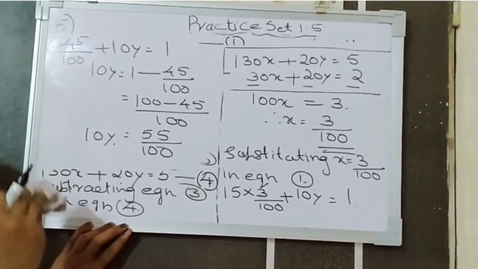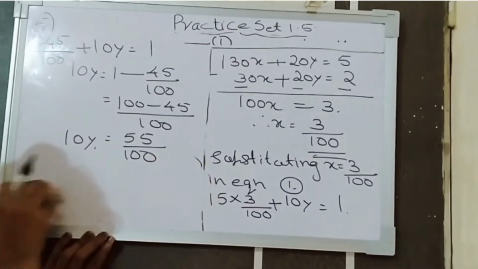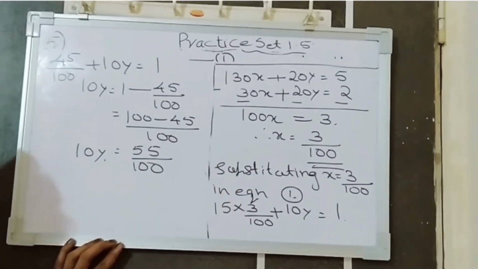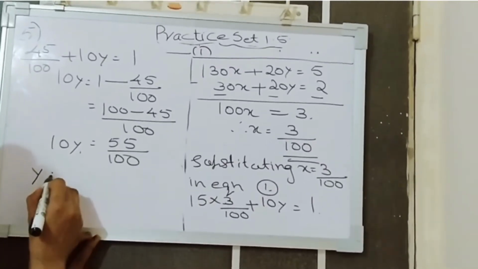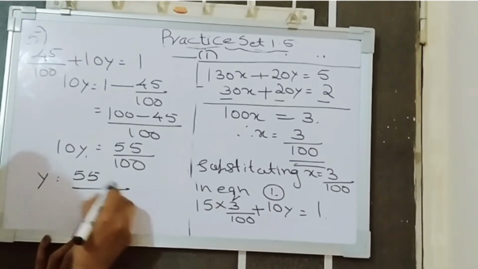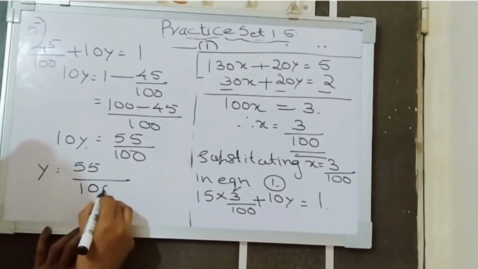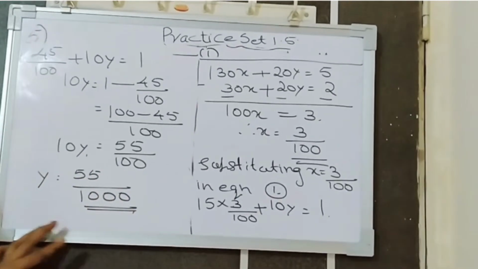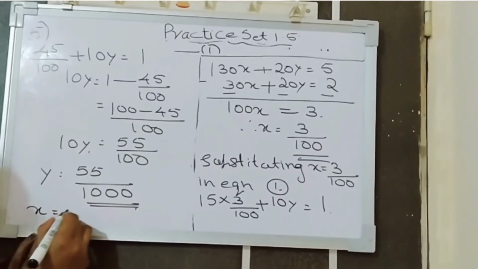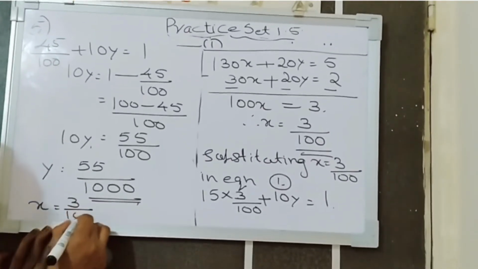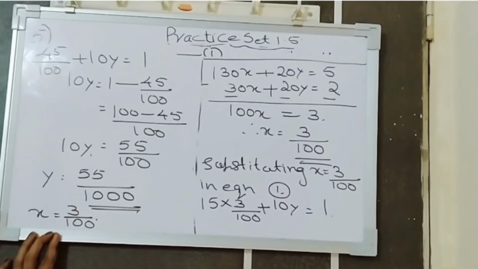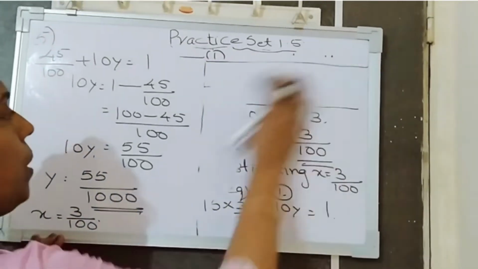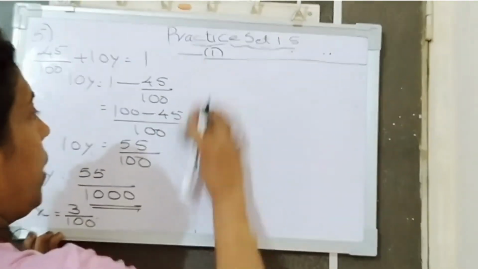Therefore the value of y is equal to 55 upon 10 coming down, therefore this is 55 upon 1000. x is equal to 3 upon 100 and y is equal to 55 upon 1000. Here we want to find the weight.